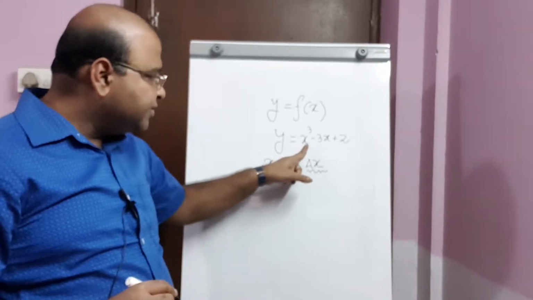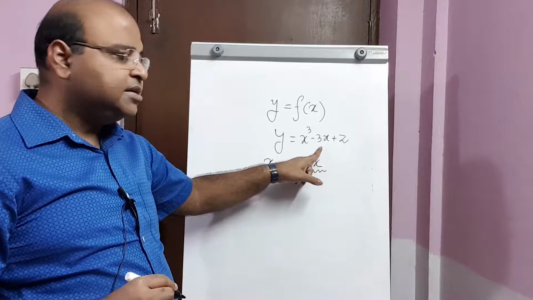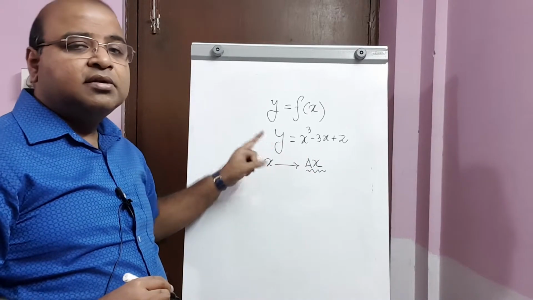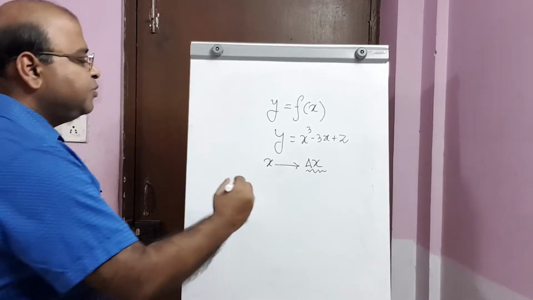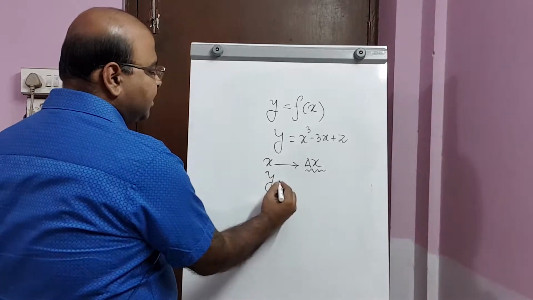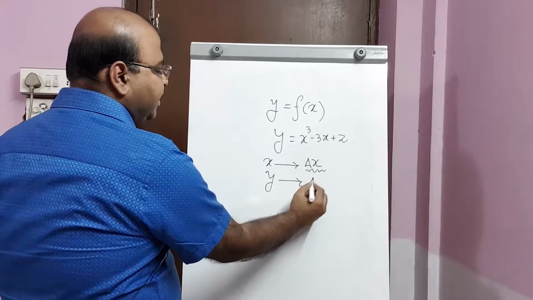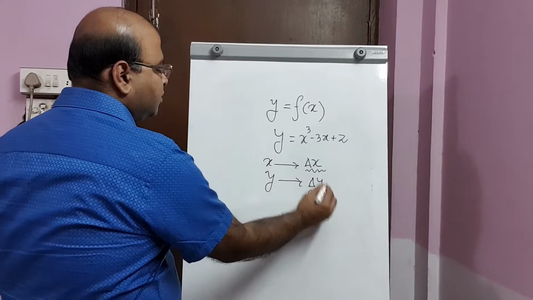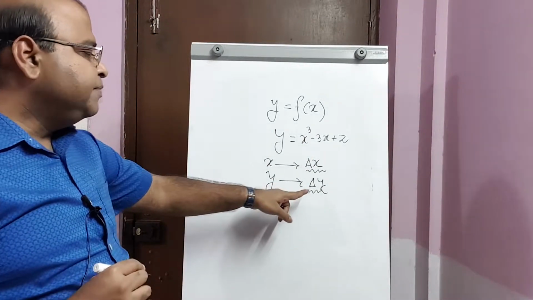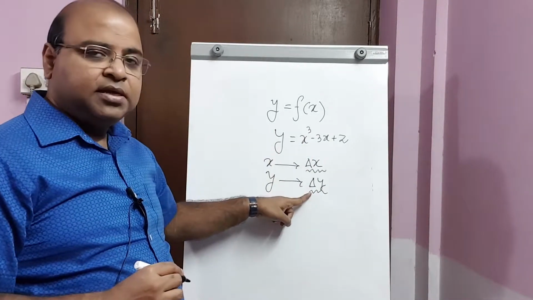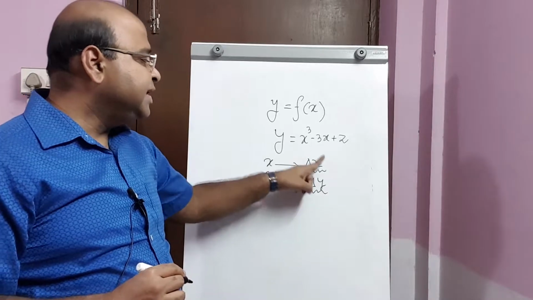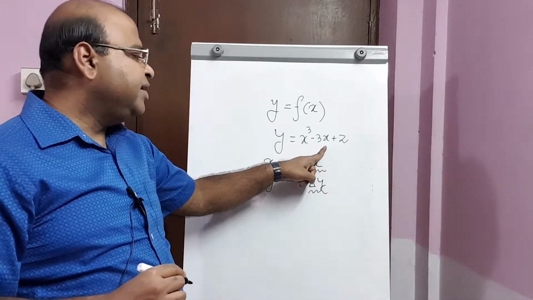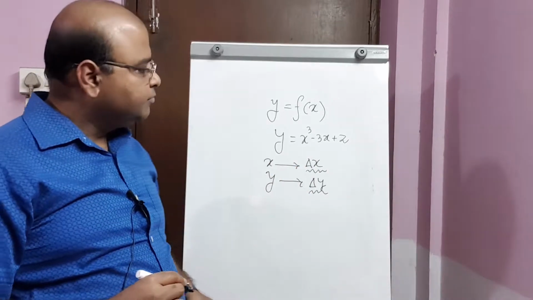So if x suffers any change, y will also suffer a corresponding change. Say the corresponding change in the dependent variable y is denoted by delta y. So delta y represents the change of y corresponding to a change delta x in the independent variable x.